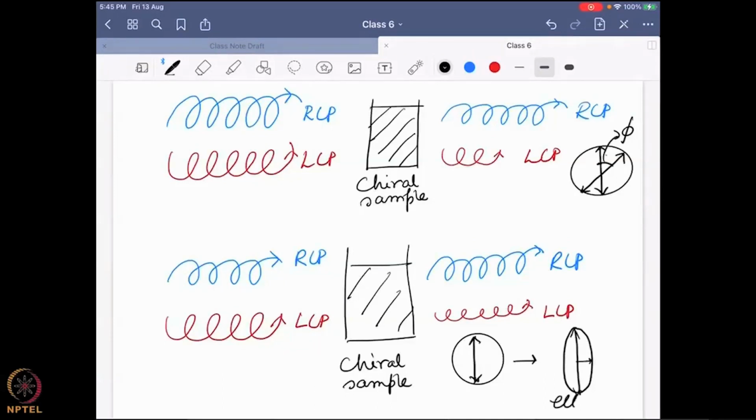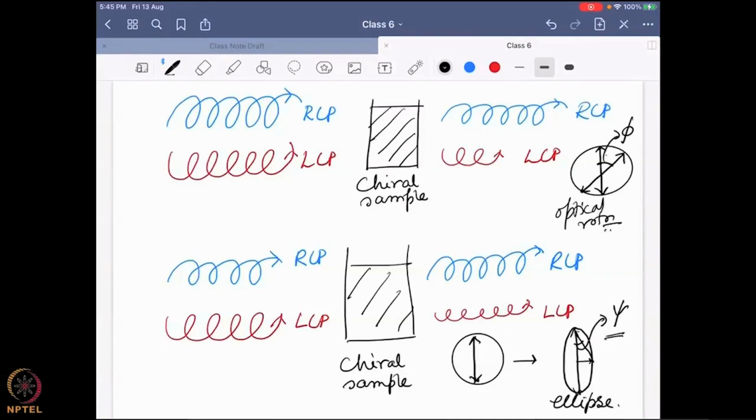So this is what is actually happening. How much the ellipse is flattened depends on the minor and major axis ratio, which is given by this thing called ellipticity. So this is the optical rotation, the previous one. The next one is the ellipticity.